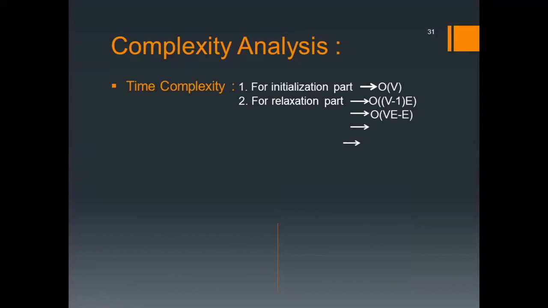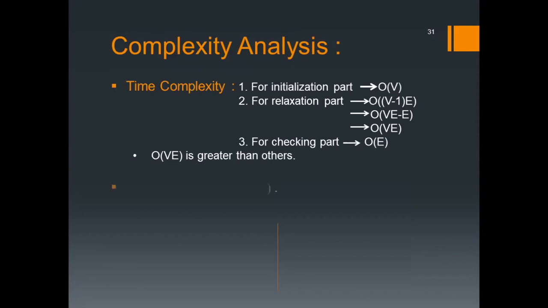And we know that VE is greater than E, and that's why our complexity will be order of V into E. And for the checking part, it will be order of E. Overall, we can see here VE is greater than the others, and that's why our time complexity will be order of VE. And space complexity will be order of V, that means how many vertices are input.